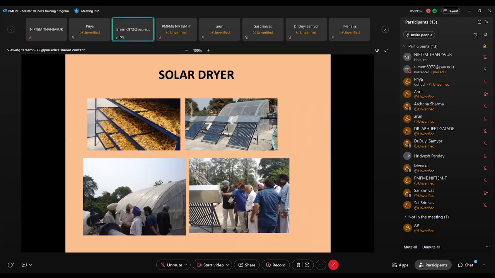These types of dryers are quite successful, and at many places they have been installed, even in states like Uttarakhand, in Ladakh, in Punjab, and even one or two have been installed in an African country, Tanzania.